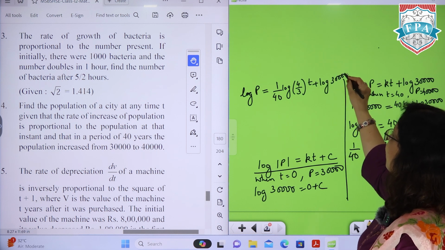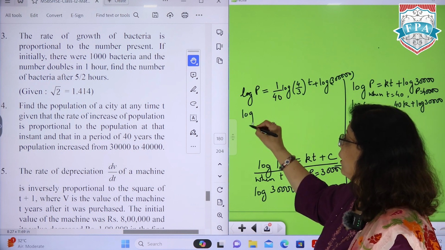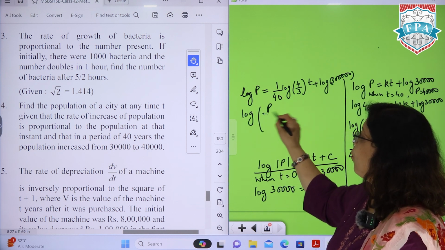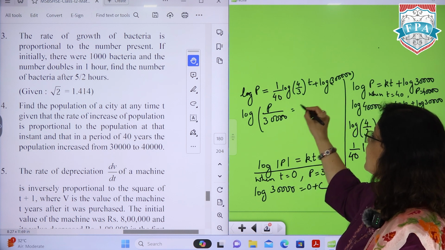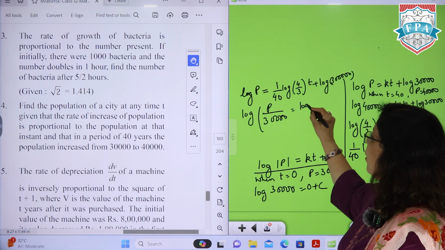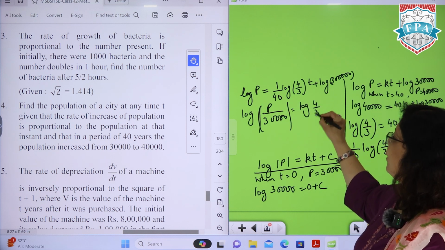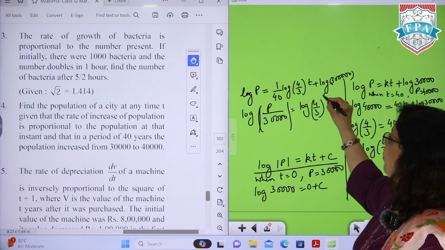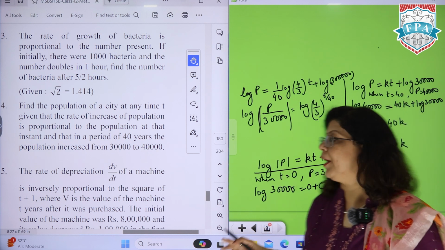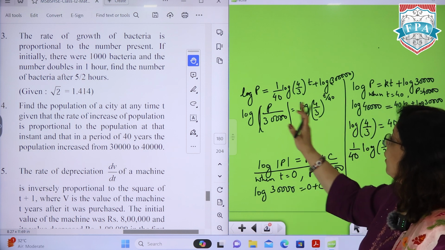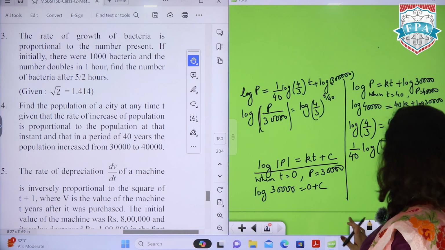You can leave the question here, or you can switch over here and get log of p upon 30,000, which is log of 4 by 3 to the power of t by 40, using the formula for log m by n, and then you can replace the log.